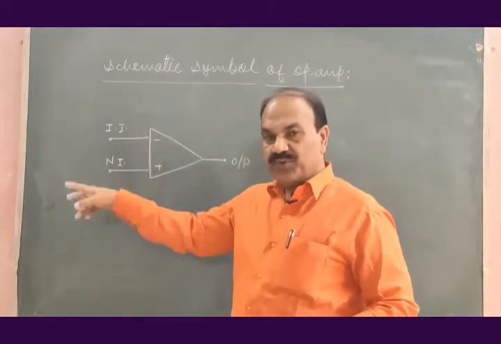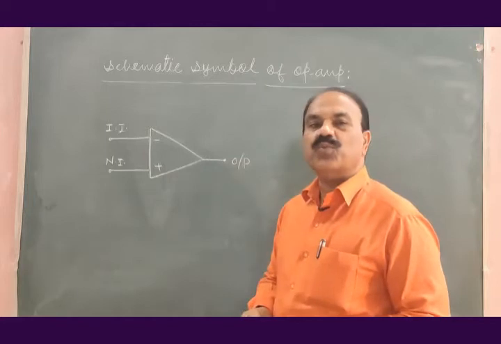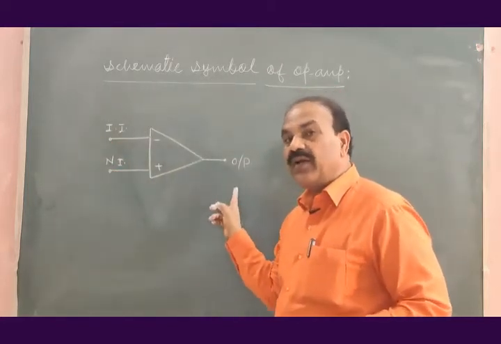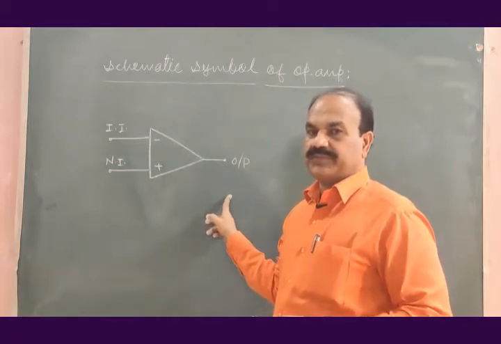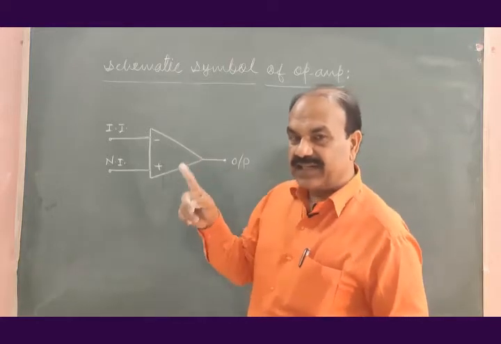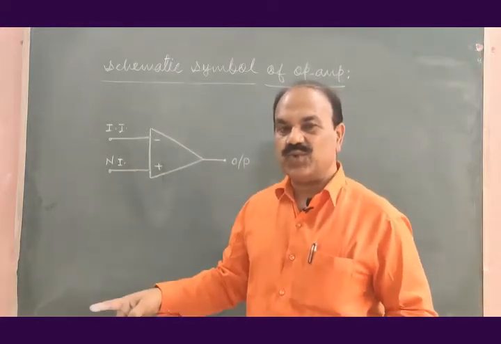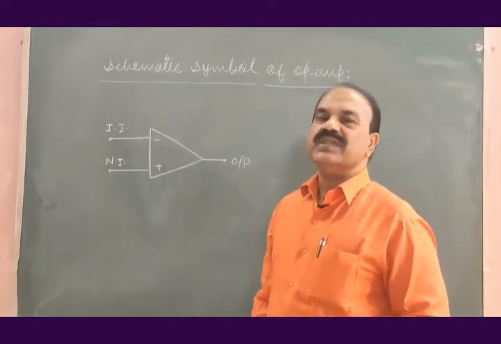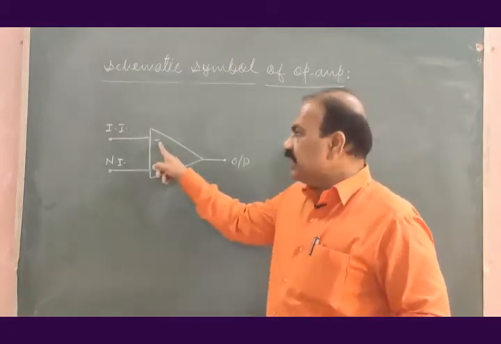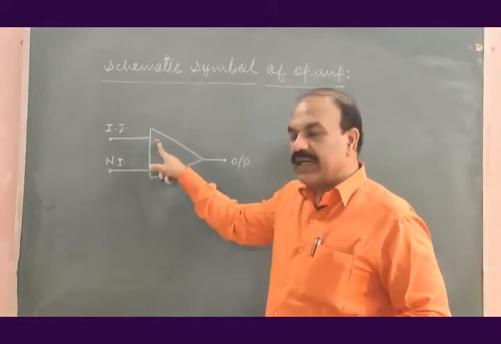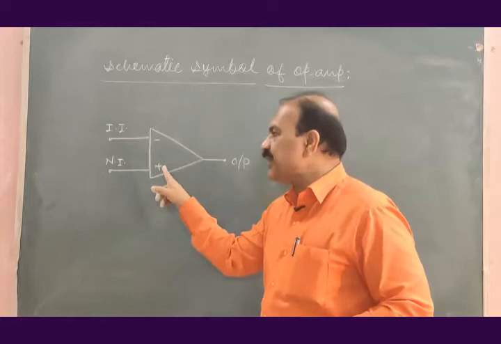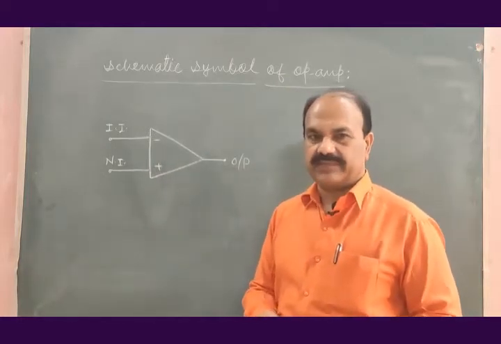It has 2 inputs and only 1 output. This is output either at collector 1 or at collector 2 with respect to ground. Inverting input represented by minus sign, non-inverting input represented by plus sign.